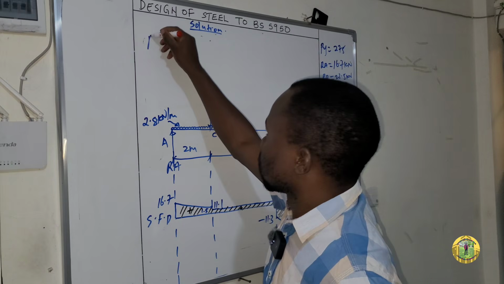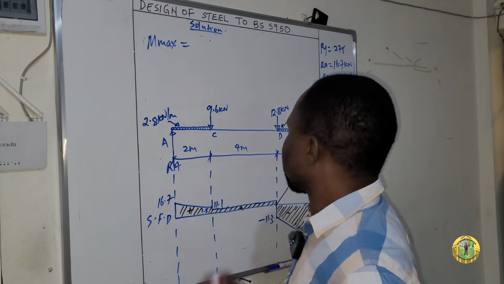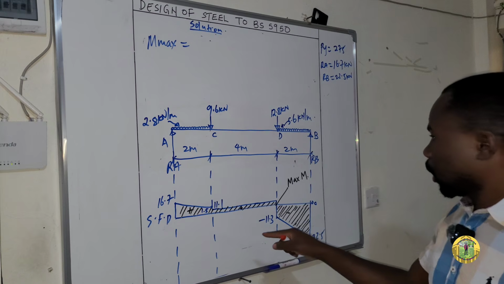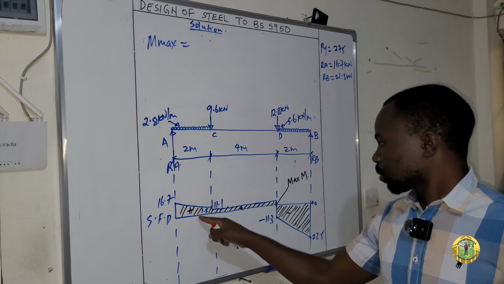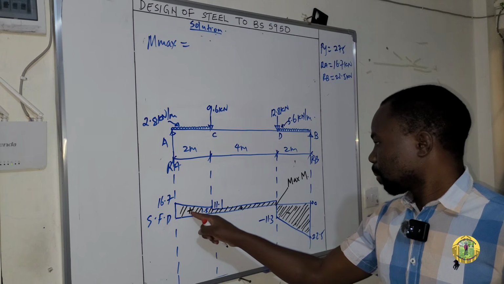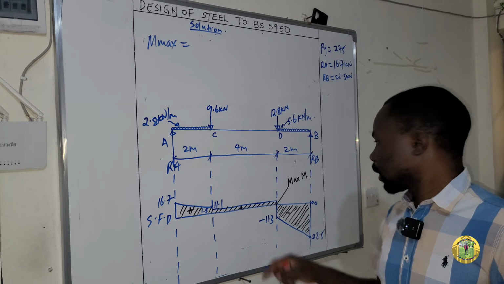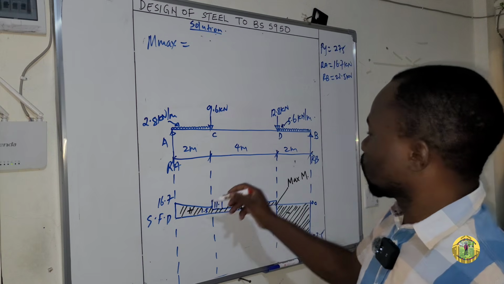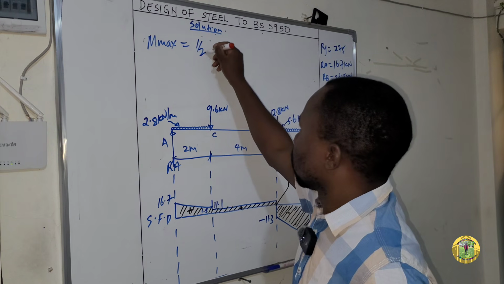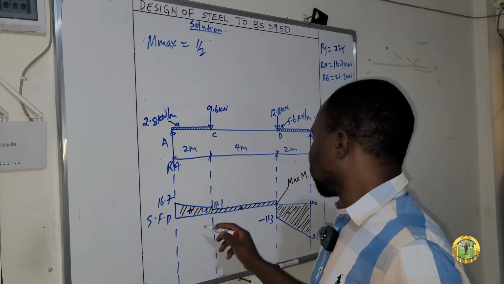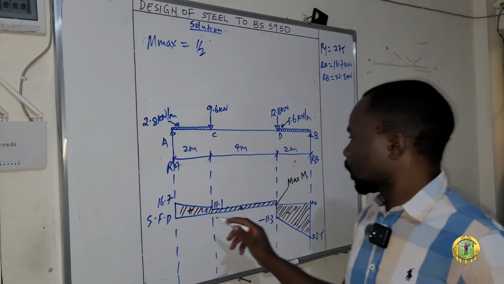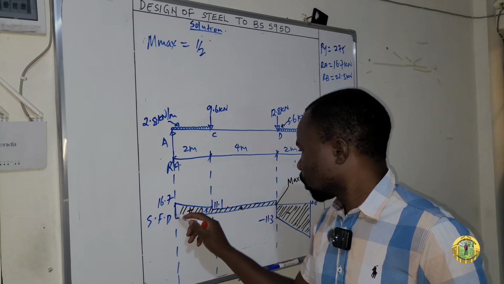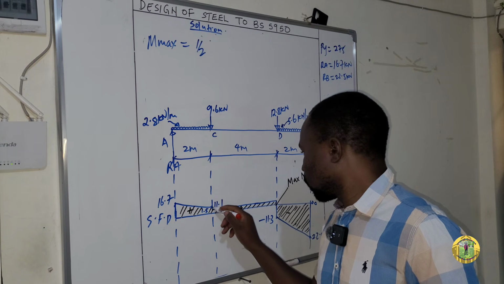So M max is equal to the area. If we start from the left side, it will be the area of this trapezium and this rectangle. So it will be the area of this, a half times (a plus b), where a and b are the two parallel sides, this one and this one.